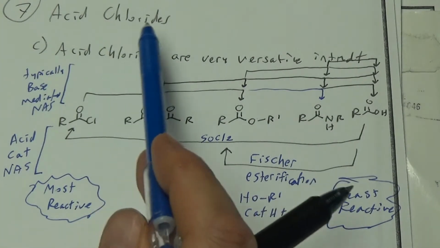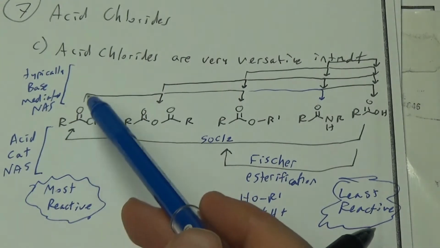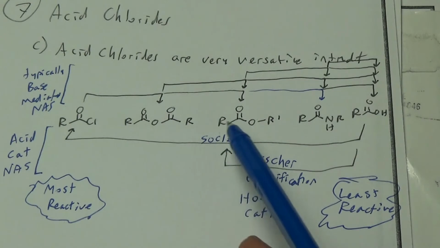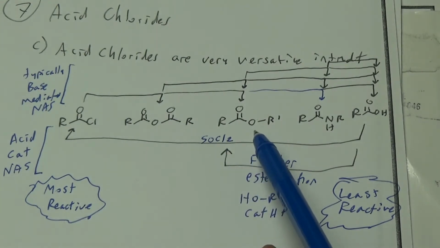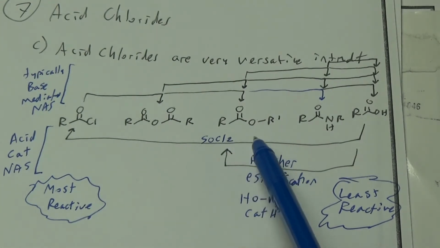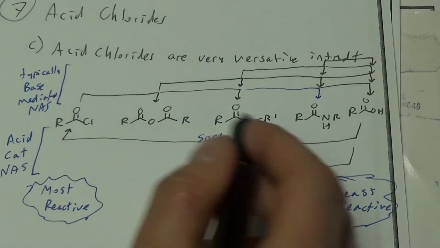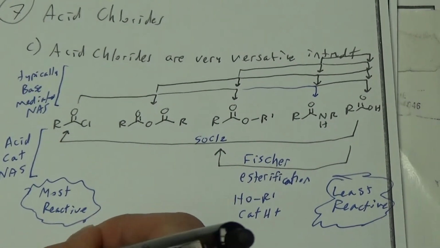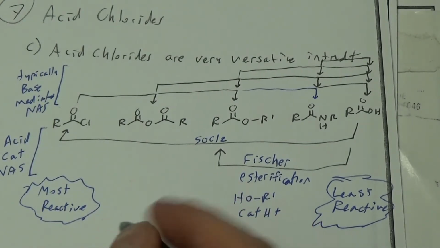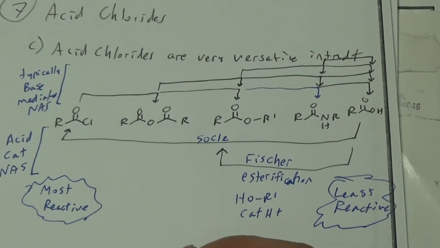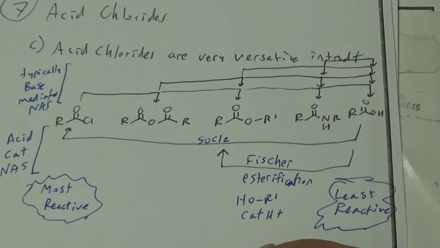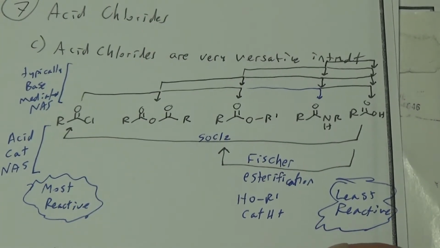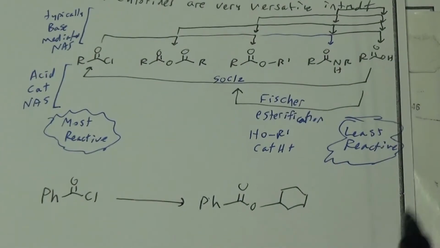Acid chlorides, it's very easy to go from an acid chloride to anything on its right. So if I want to go from an acid chloride to an ester, how do you think I do it? I take an acid chloride, and I want to make this ester, a cyclohexyl ester.